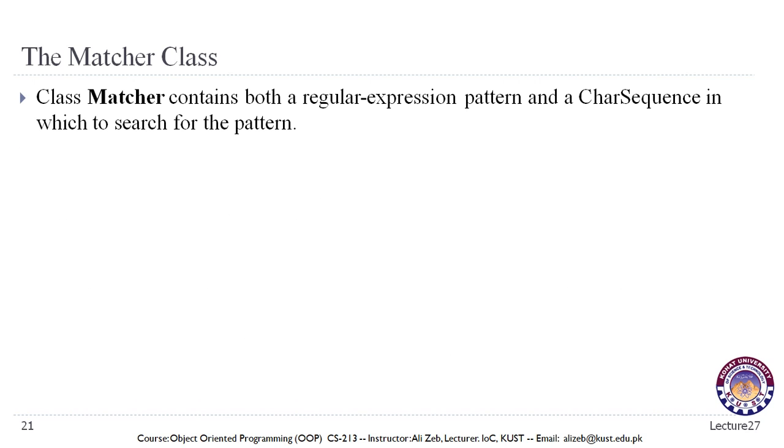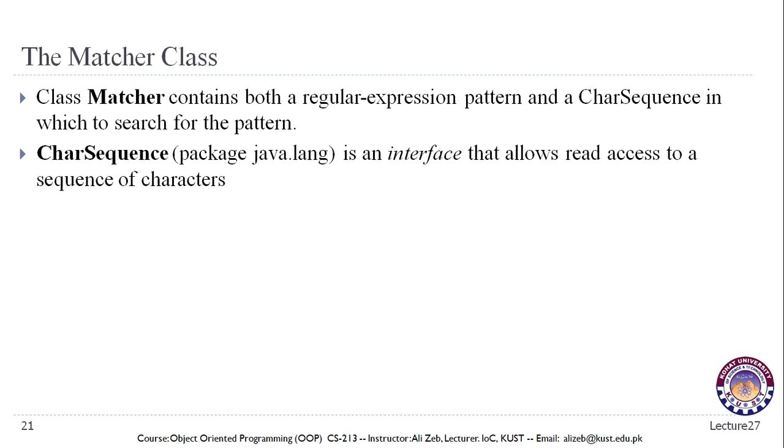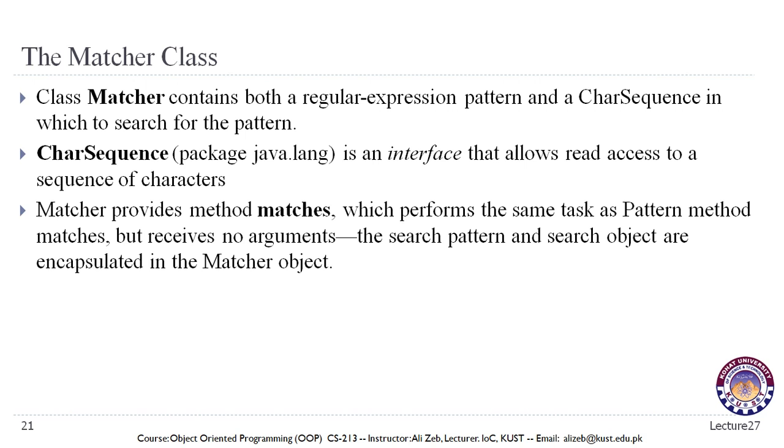The Matcher class contains both a regular expression pattern and a character sequence in which to search for the pattern. CharSequence, of the package java.lang, is an interface that allows read access to a sequence of characters.